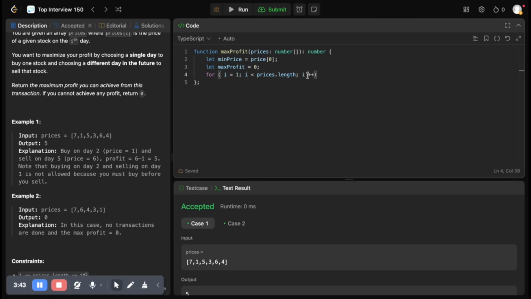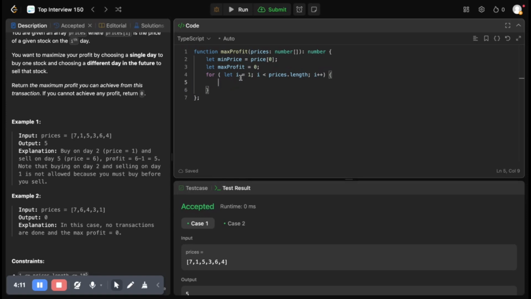We're going to start from 1, which is the second day, because we already have day 0 as the minimum price. Let me declare this variable. So it's let i equals 1. Now, when looping through this array, the first thing we need to do is to keep track of the current price.